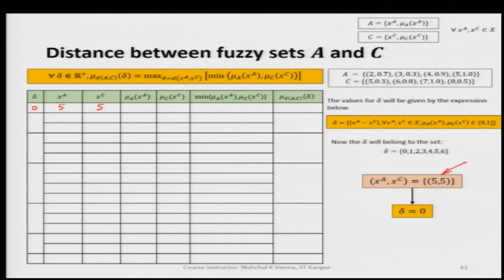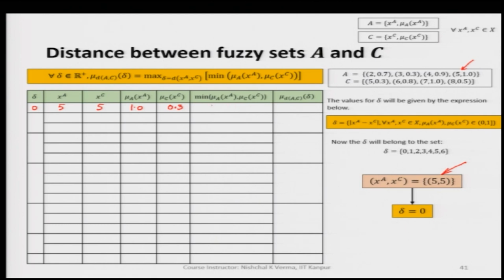So, let us now see what the corresponding membership values are. Here 5 is from here, so the corresponding membership value is 1, and then in the fuzzy set C, corresponding to 5, we have membership value 0.3.